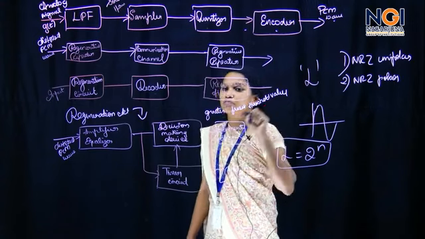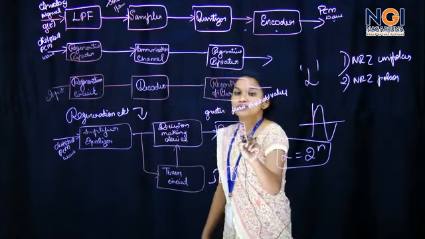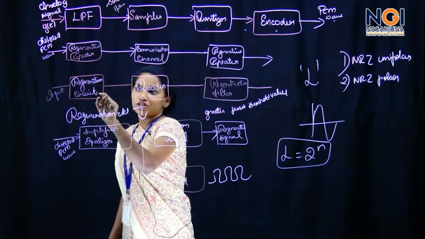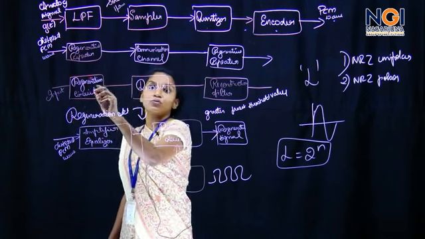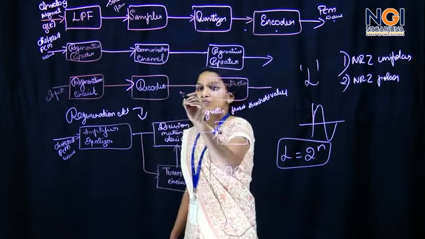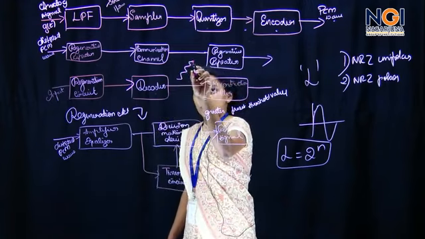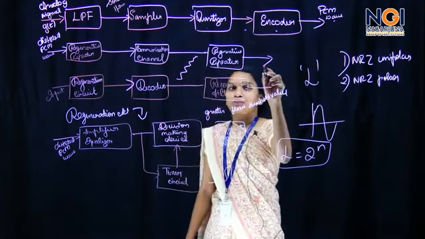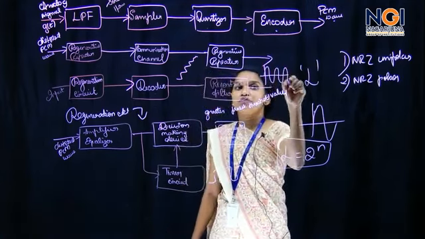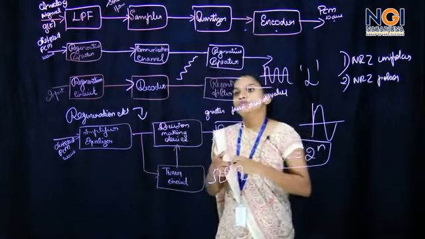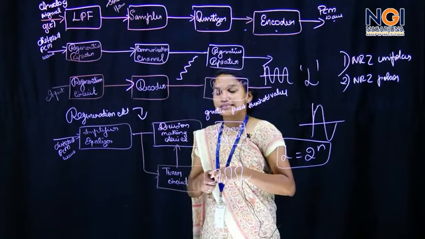The output of the regeneration circuit is given to the decoder. At the output of the decoder we obtain a staircase waveform, which is then converted into a smooth waveform by a reconstruction filter, which improves the efficiency of the signal.